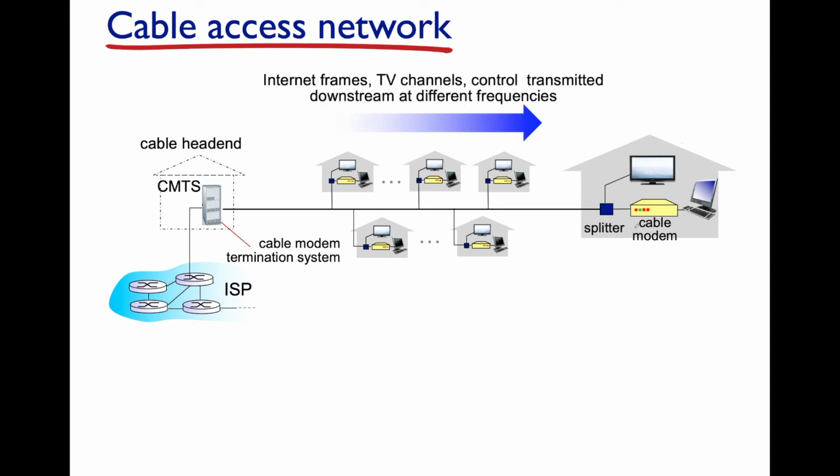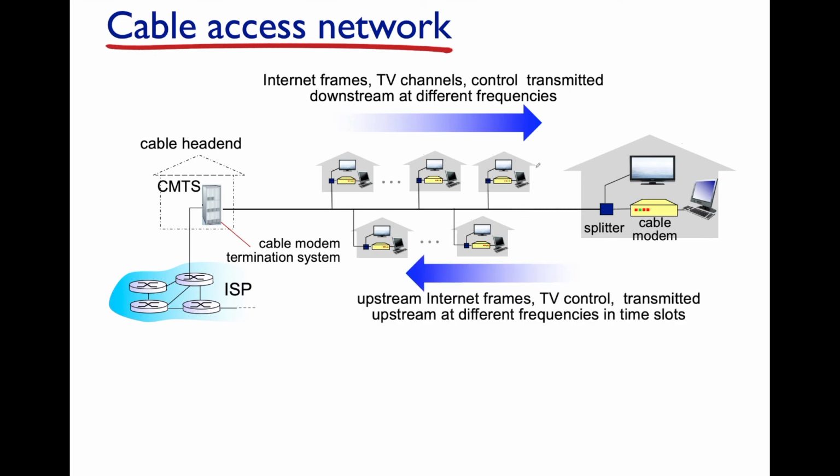Now here we have our internet frames, TV channels, and control transmitted downstream at different frequencies. TV lends itself to different frequencies. And upstream, you have internet frames. TV control messages are transmitted at different frequencies, but also in different time slots.